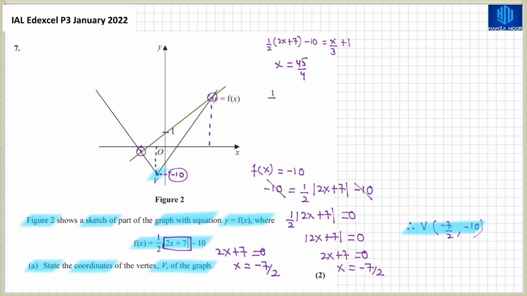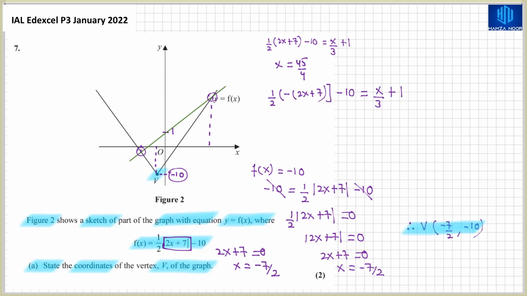So therefore, we are going to say that half multiplied by minus sign multiplied by 2x plus 7 completely, and then minus 10, and this whole thing will be equals to x over 3 and then plus 1.